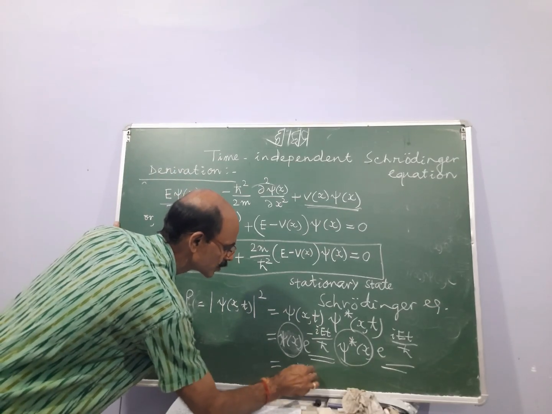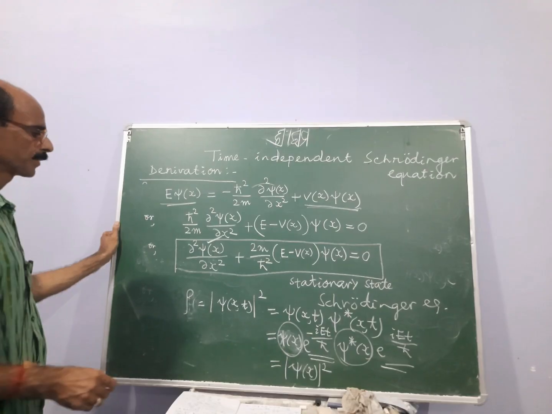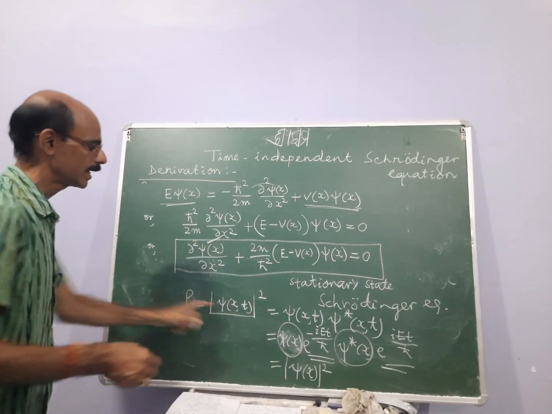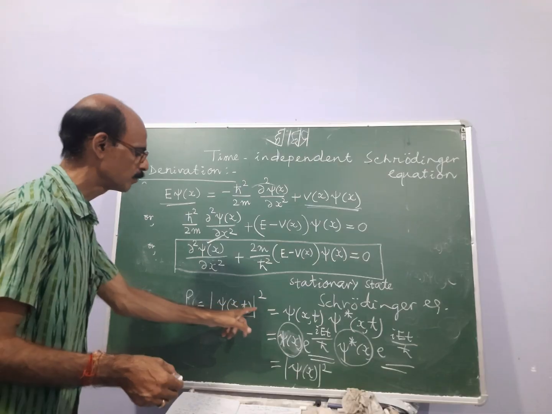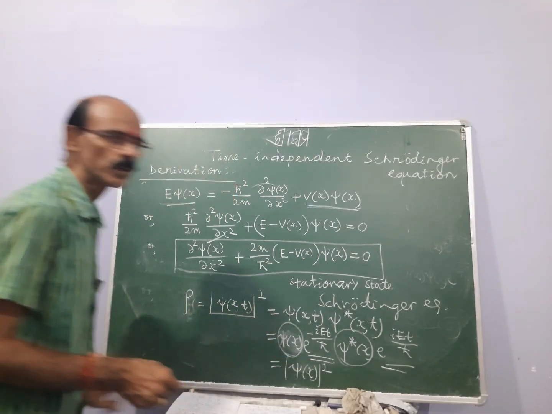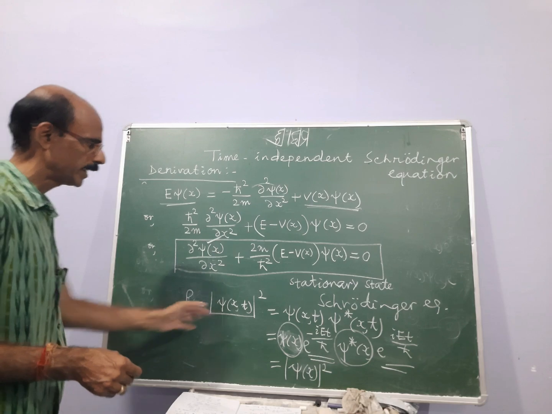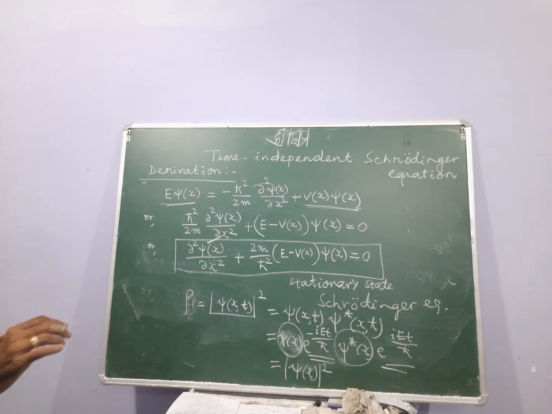So it becomes mod psi x square. So you see the mod square of psi x t is equal to the mod square of psi x. Therefore, it is called the stationary state equation.